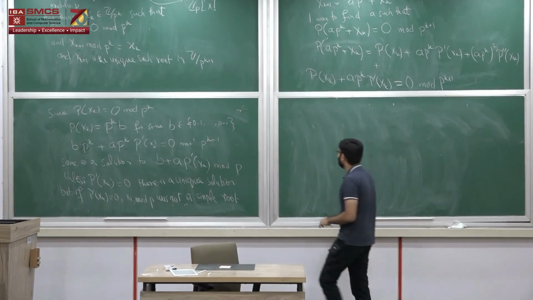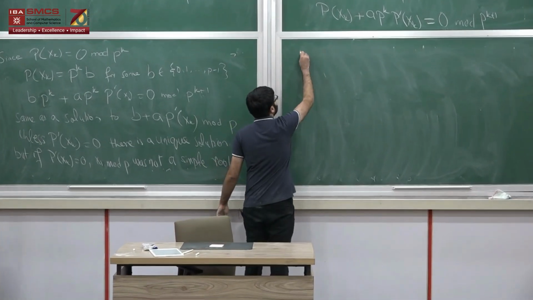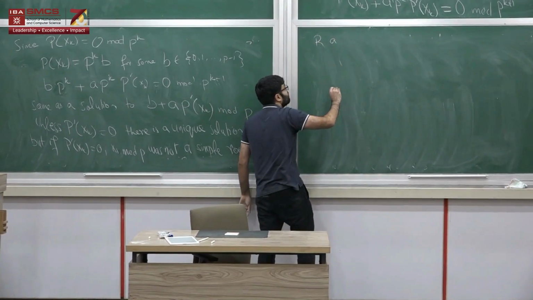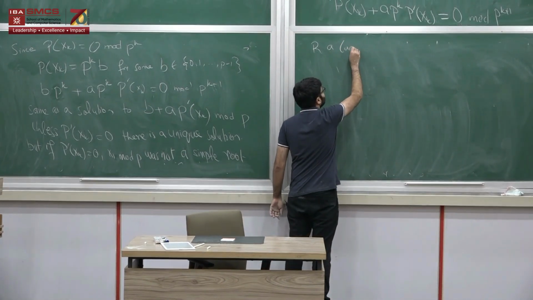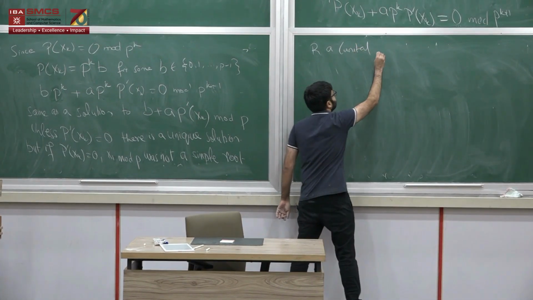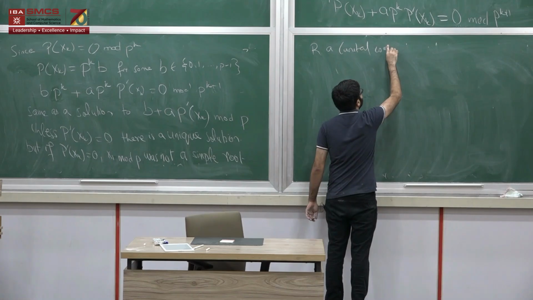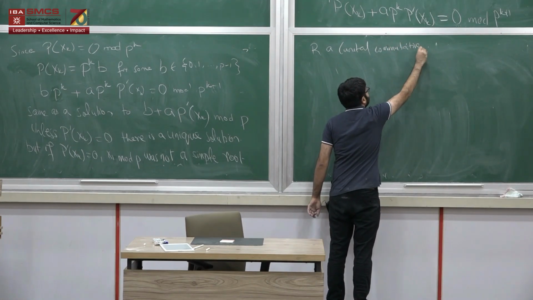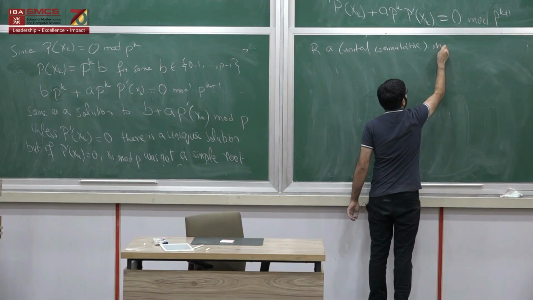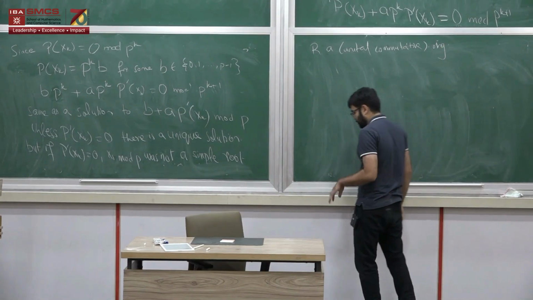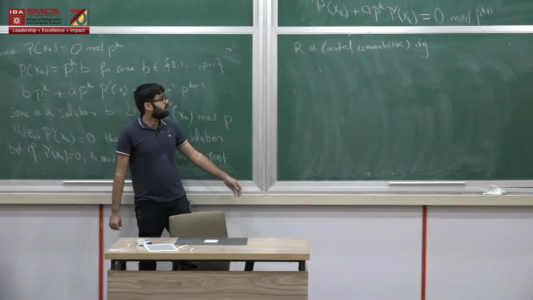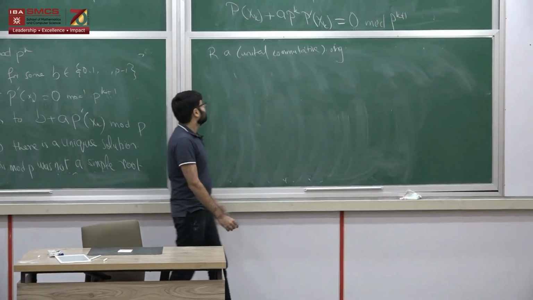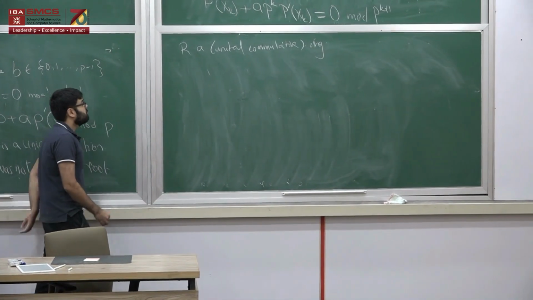So we have a ring R, and for me it will be a unital commutative ring, and that I want to get out of the way because I will keep forgetting to mention it. Okay, so R is a unital commutative ring.